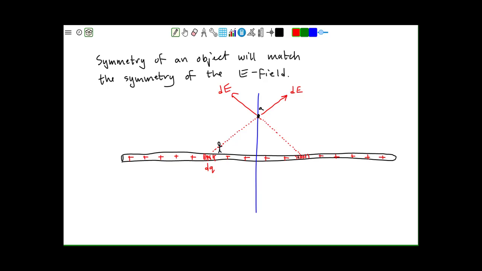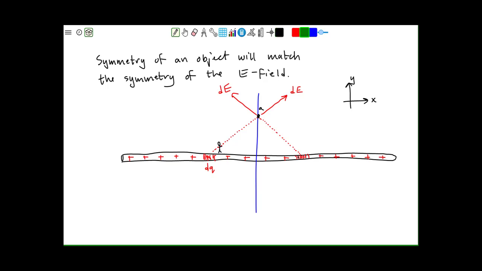And you know what? Those two electric fields, their x components will cancel. Let's go ahead and define our coordinate system since I just said x component. We'll do the x component along the length of the cylinder, along the length of the wire, and the y component parallel to that axis I drew.